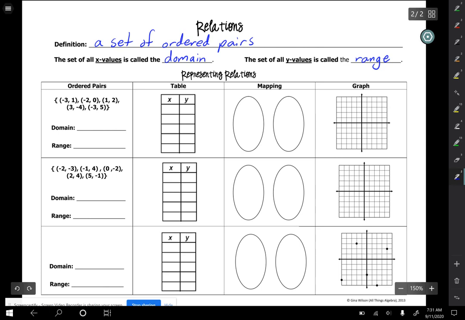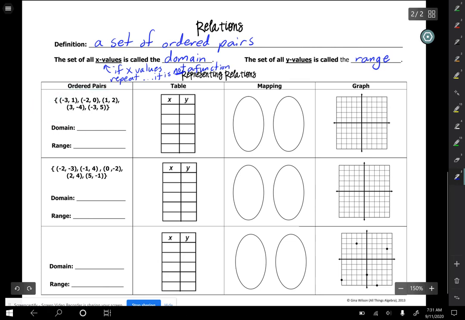Okay. If your x values repeat, it is not a function. Okay, so our first example is this set of ordered pairs right here.